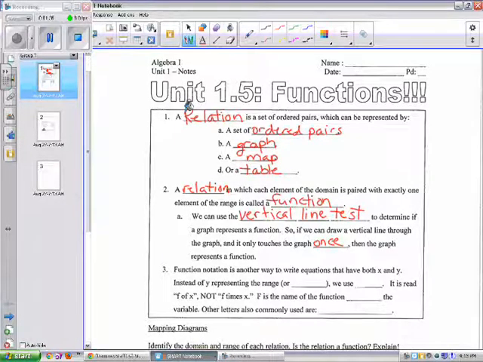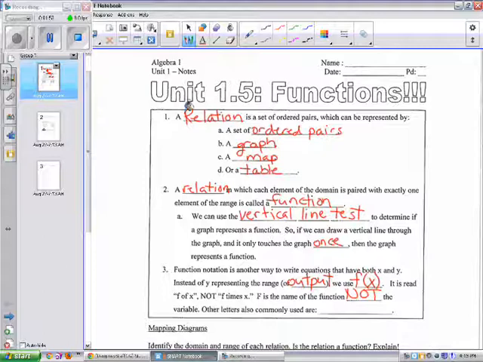Now that should have been review, but this third part is pretty different. When we talk about function notation, it's another way to write expressions or equations that have both x and y. So instead of using y to represent the range or output, we use f of x.